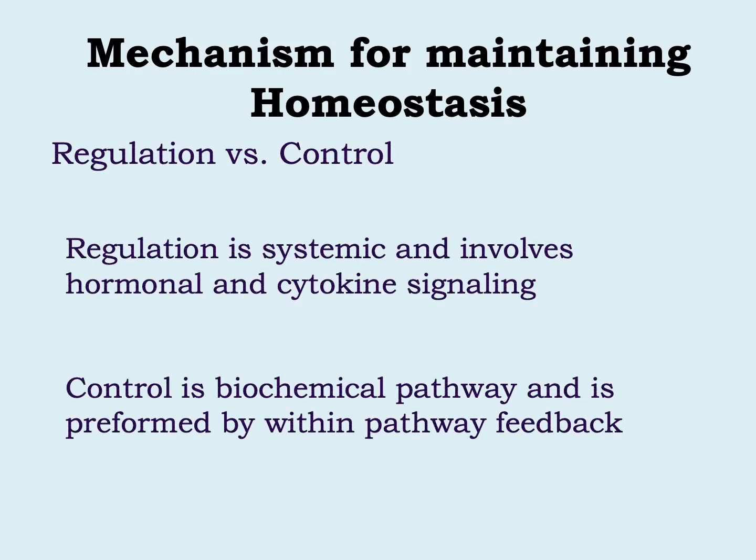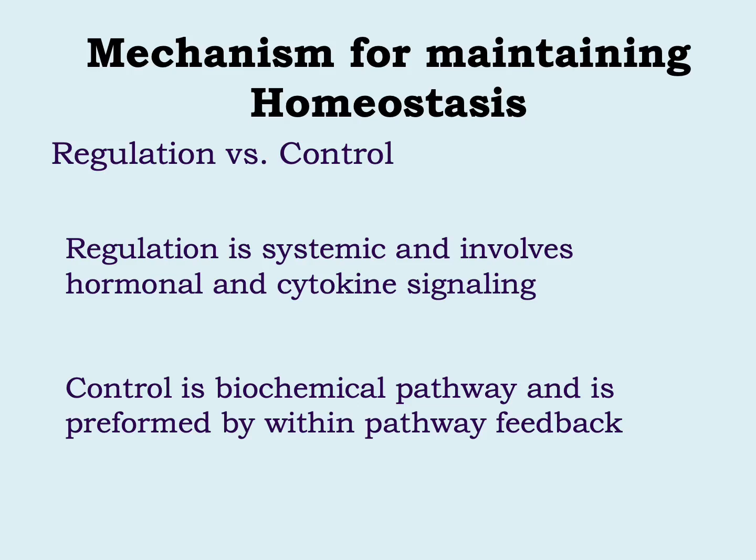When we talk about mechanisms, we have to look at where this maintaining of homeostasis is taking place. And this is where we have two distinct concepts that sound similar, but they're actually different. This is where we get the concepts of regulation versus the concepts of control.